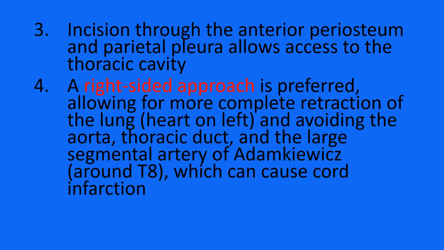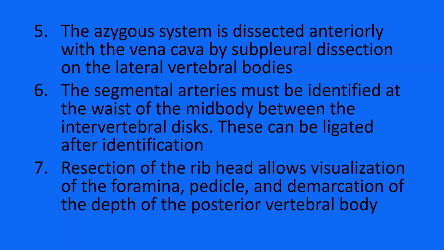This is a segmental artery which is important for blood supply of a good portion of the cord, and if this is damaged, the patient will end up paraplegic most of the time, as a result of infarction. The azygos system is dissected anteriorly with the vena cava by subpleural dissection on the lateral vertebral bones.